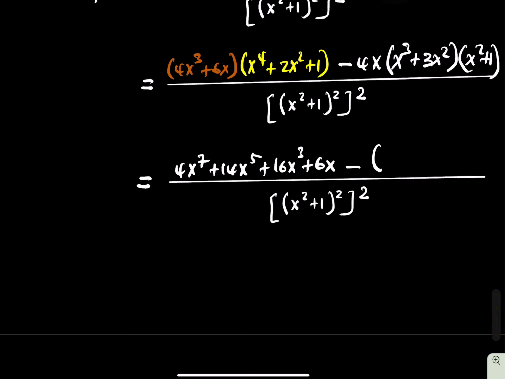Let me just really do it in this way. I want the oversimplified one, so this time is 4x. So it's going to be 4 into x cubed, and then plus 4x.